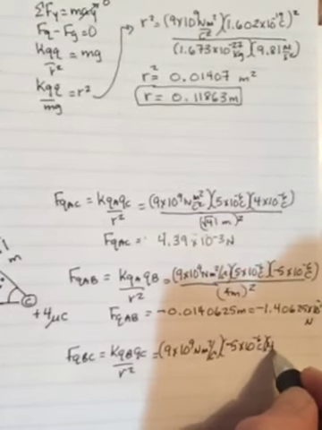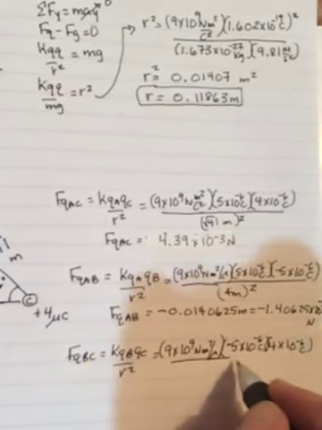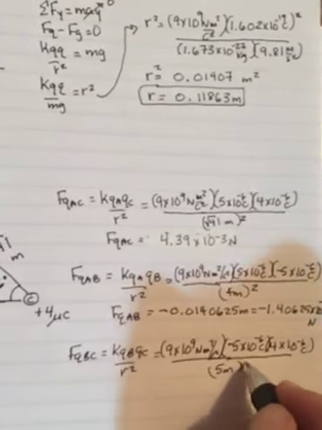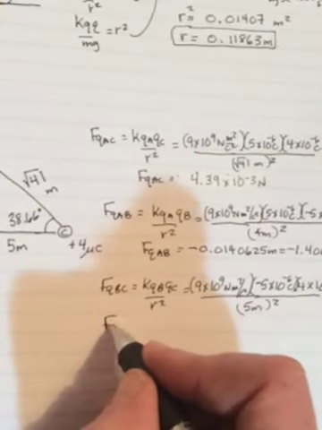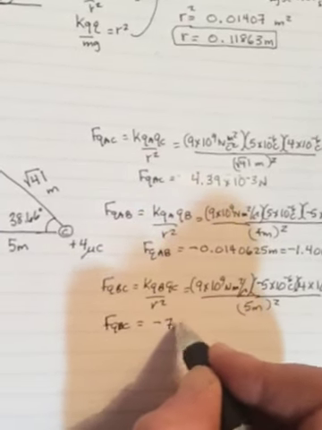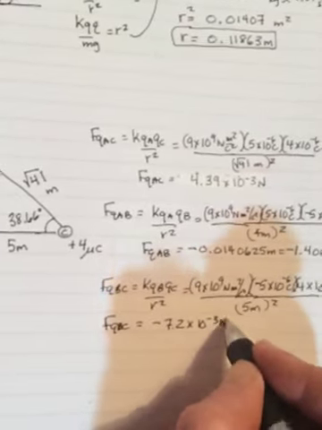C is 4 times 10 to the negative 6, and they are 5 meters apart, and of course you have to square that. And so you get an FQBC of negative 7.2 times 10 to the negative 3 newtons.